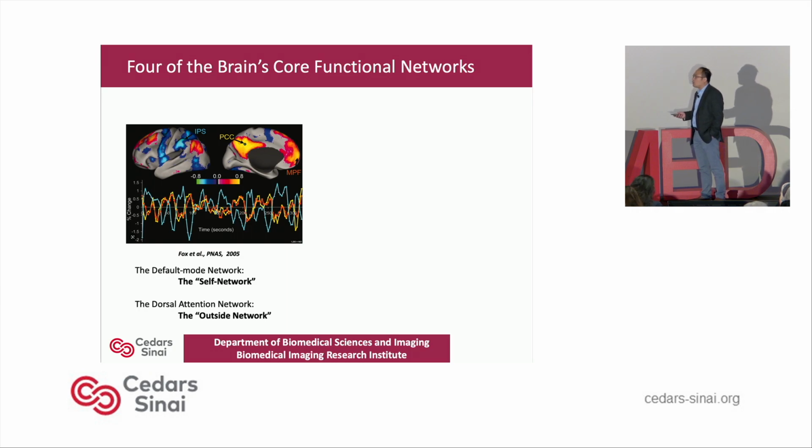This network is mainly responsible for all the self-related, self-referential thoughts, planning, ruminating about your past experience, thinking about the future, anything that's related to yourself. In this talk, I will term this, as an easier word, the self network. It's kind of your internal thought network.